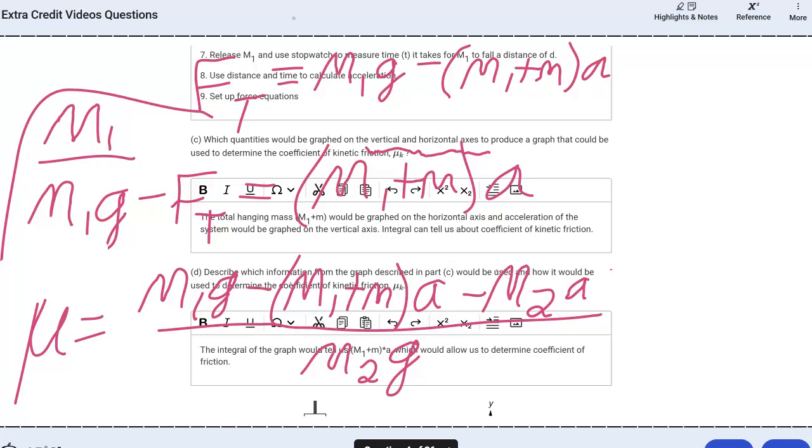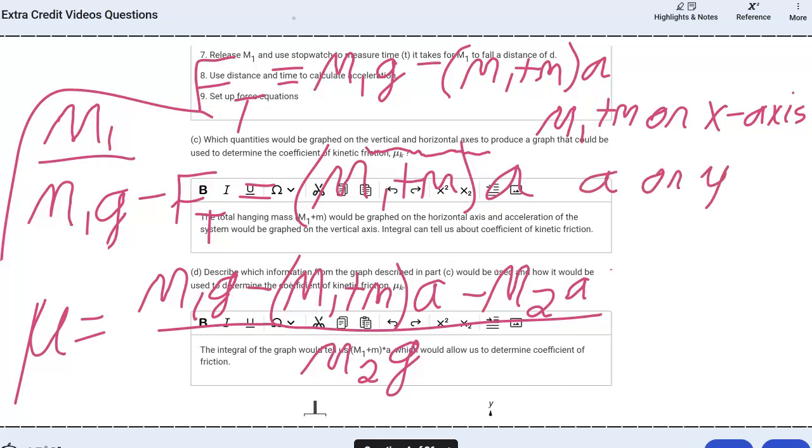Well, what I would do is I would graph M1 plus M on the horizontal axis, or x-axis, and then I would plot acceleration on the y-axis.